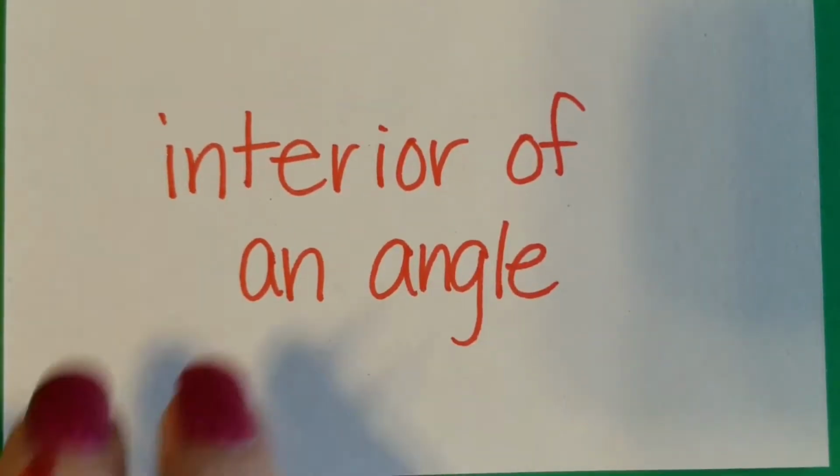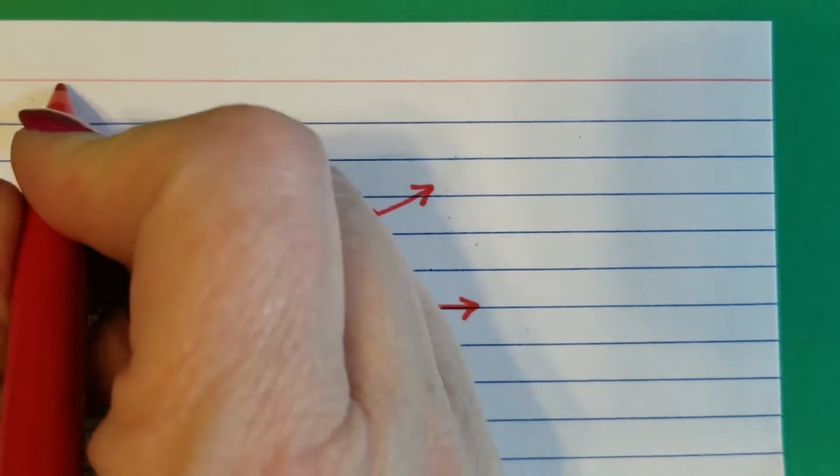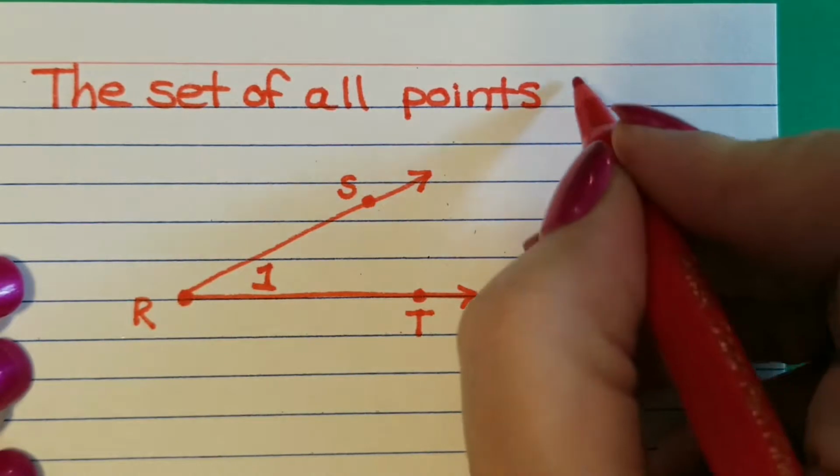The interior of an angle is going to be the set of all points between the sides.